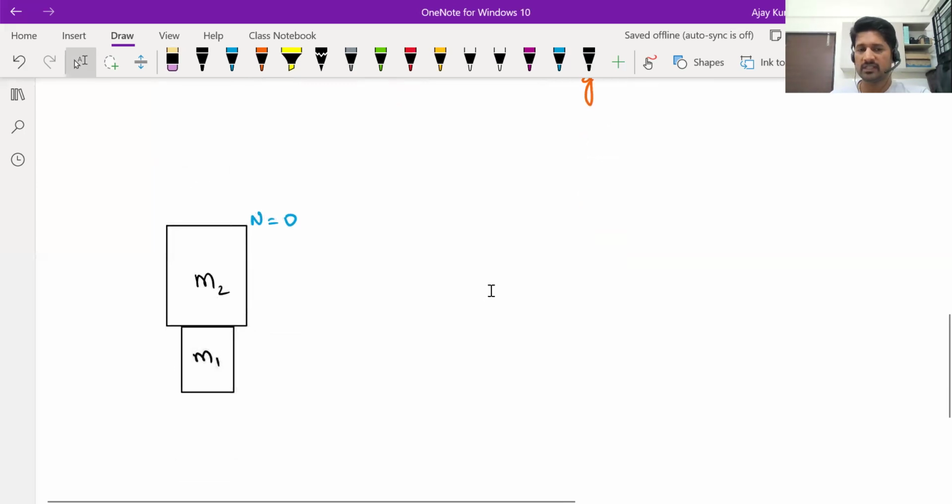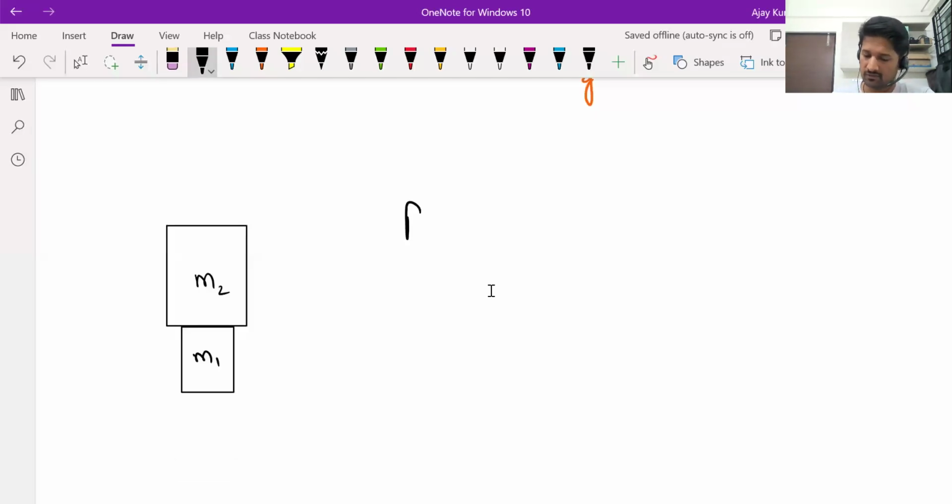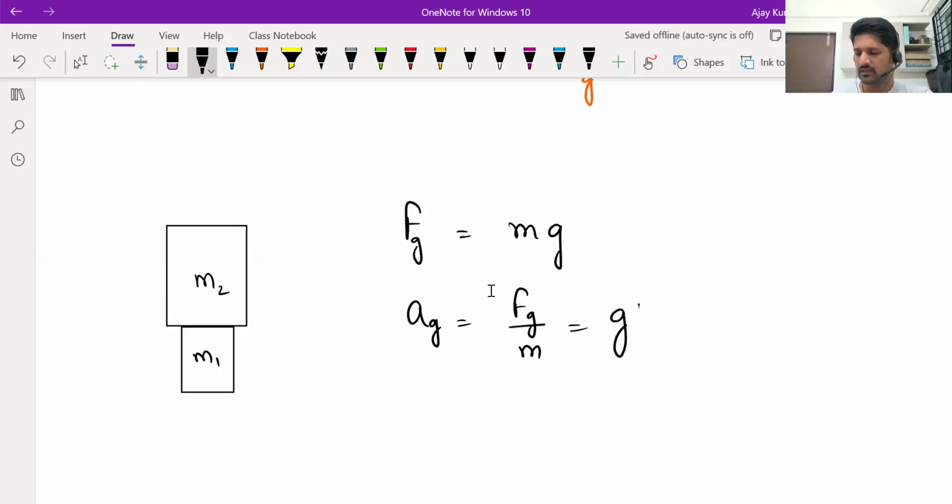Heavier masses don't move faster under gravity, because the gravitational force is mg. Then acceleration due to gravity will be force of gravity divided by the mass, which will be g, irrespective of the mass of the object. Acceleration due to gravity is 10 meters per second squared for every object.